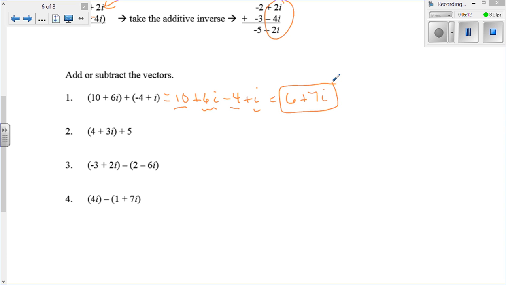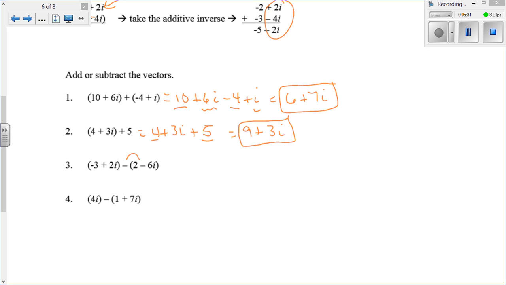So 6 plus 7i is my final answer. Again, I don't have to worry about my parentheses there. So it's 4 plus 3i plus 5. So 4 plus 5 is 9, and there's nothing to combine with the 3i. So we just leave it as 9 plus 3i.